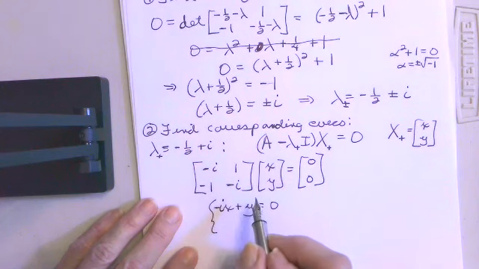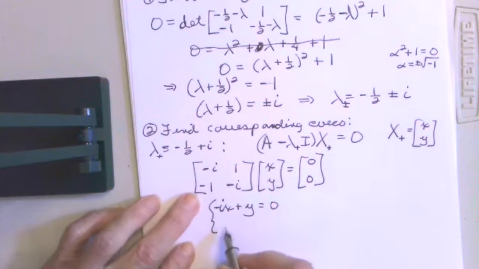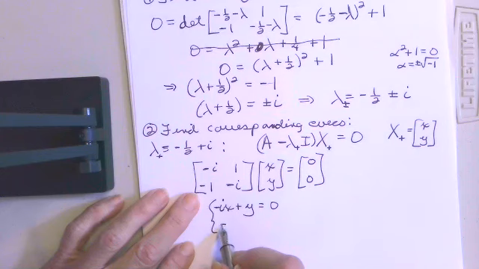Now, when they're complex eigenvalues, it's not obvious like it is when it's real eigenvalues, because it's a little harder to see that one is a multiple of the other. Not very hard, but a little bit.